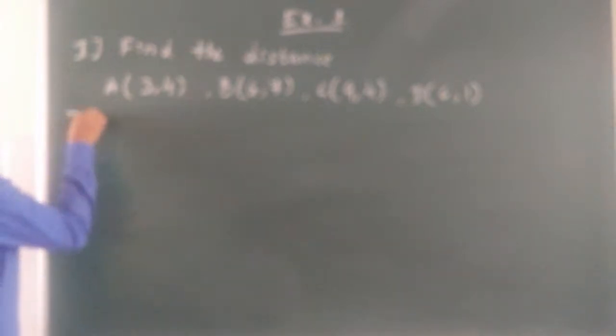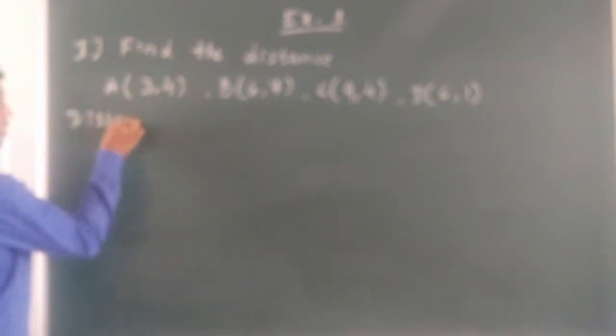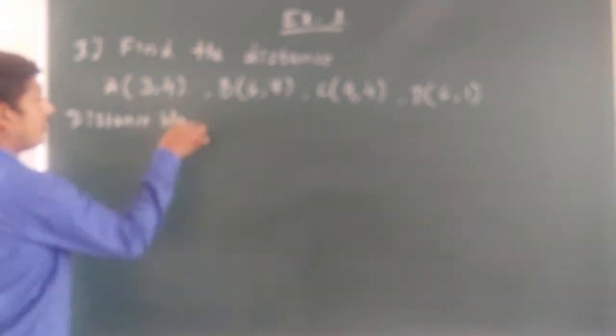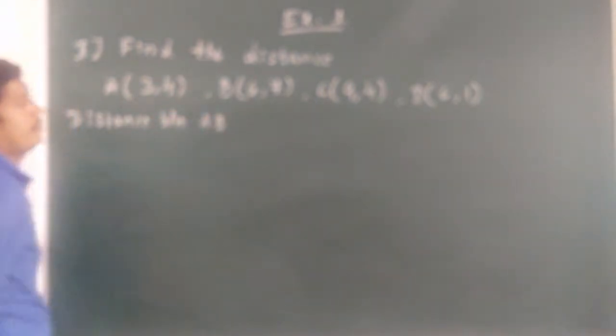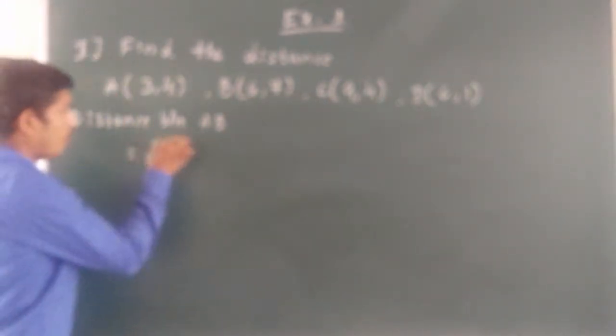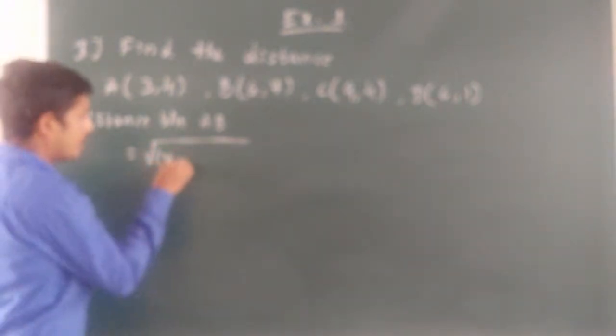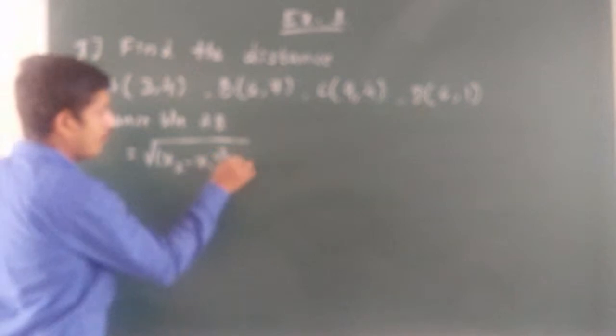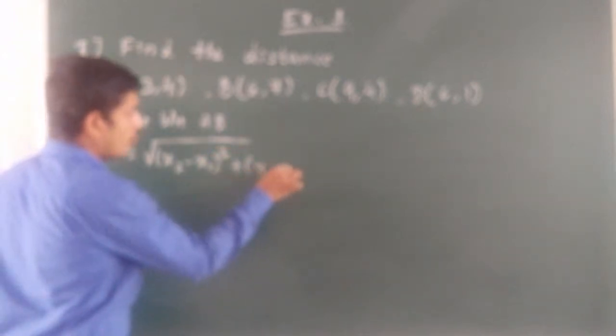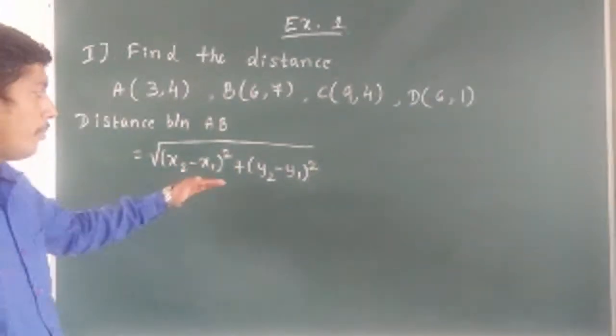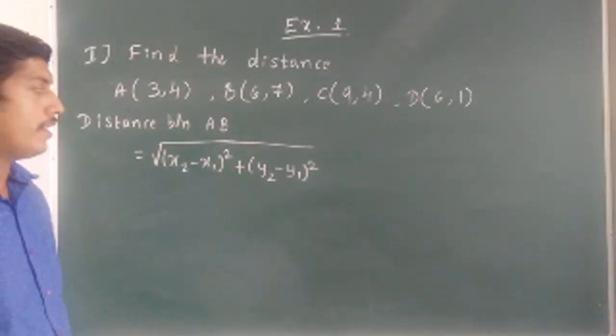Now we will consider the distance between A and B. I will write the formula here: square root of (x2 minus x1) whole square plus (y2 minus y1) whole square.